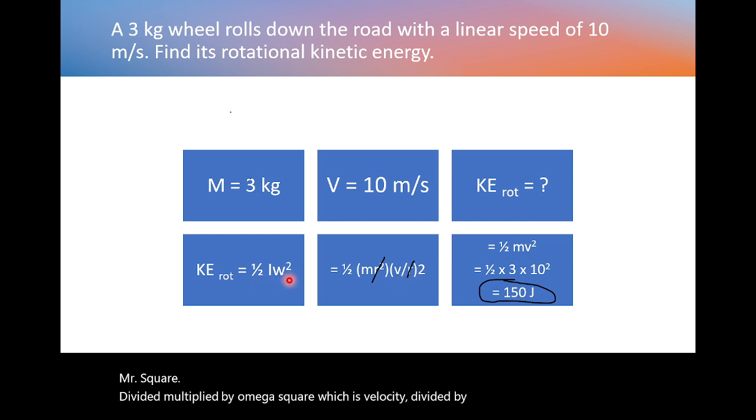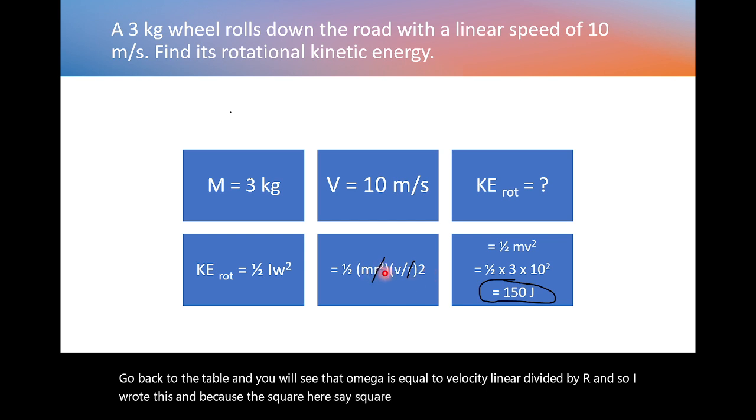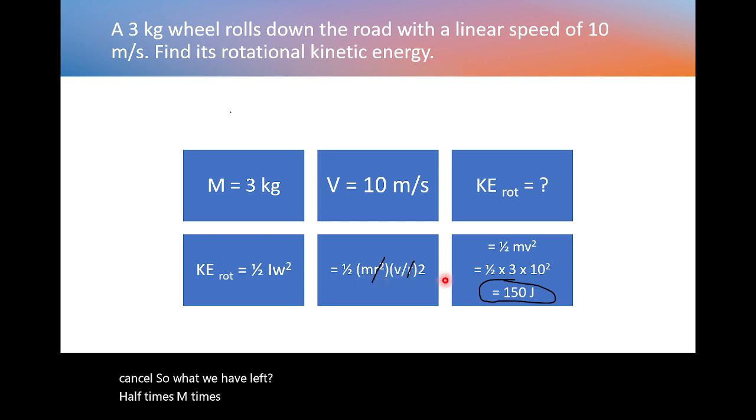Omega is angular velocity. Go back to the table and you will see that omega is equal to linear velocity divided by r. And so I wrote this, and because it's square here, so square here. Now this r squared divided by r square cancels. So what we have left is half times m v squared. So half times m, which is 3, times 10, which is v squared. So 150 joule.